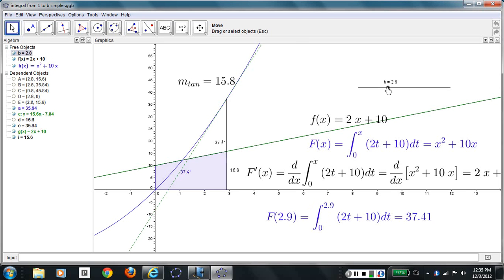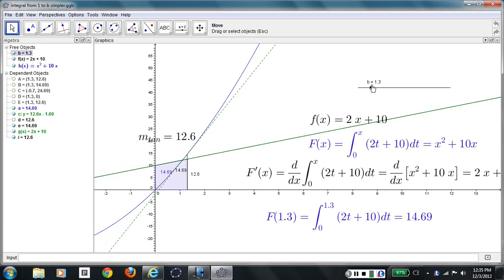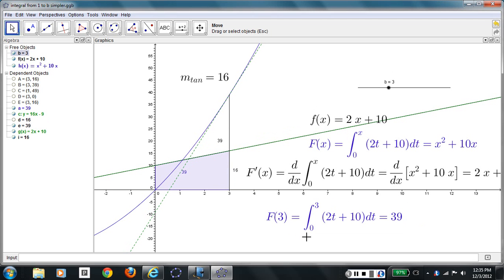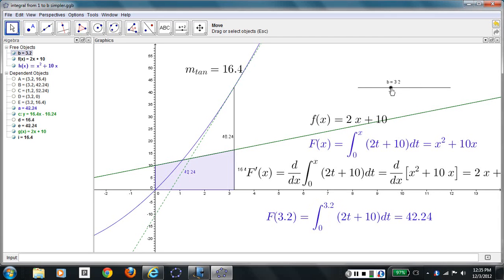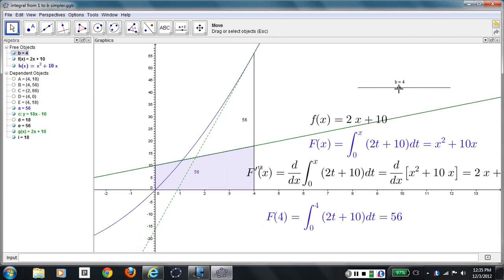And the function just tells us the area under the curve between 0 and this number b that's changing. So you see the area from 0 to 3 evidently is 39. And as we scoot over a little bit, the area from 0 to 4 is 56.